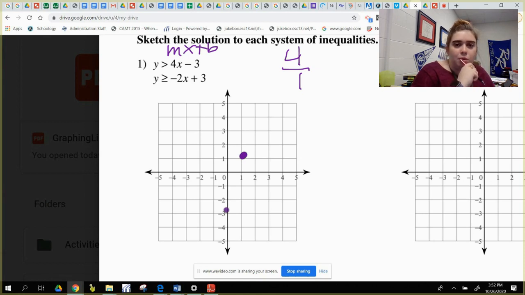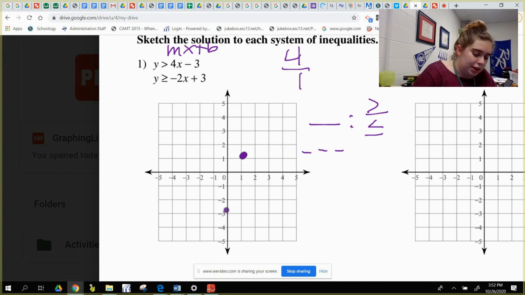If you'll recall, we're going to recall some graphing inequalities skills. We have 2 options for lines: we could either draw a solid line or a dotted line. We draw a solid line when we have greater than or equal to or less than or equal to in the inequality.